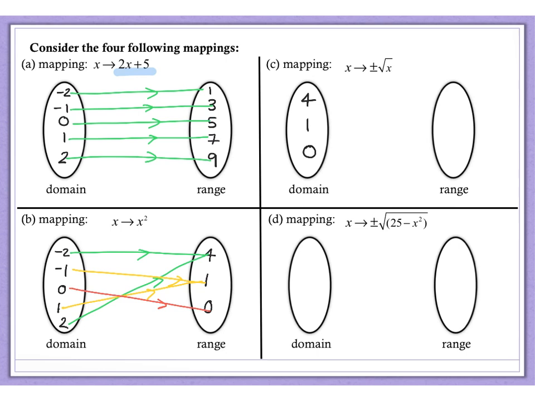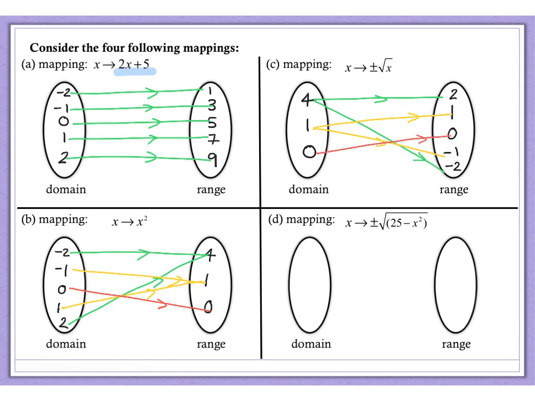So of course 4 square roots to give us 2 and -2. 1 maps to 1 and -1, and of course 0 simply maps to 0. So again, we'll draw in the paths. This time, you'll notice that some of the inputs map to more than one output. Almost the opposite of what happened last time in example B.